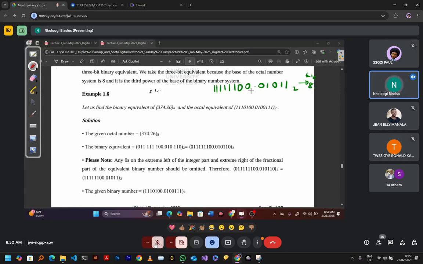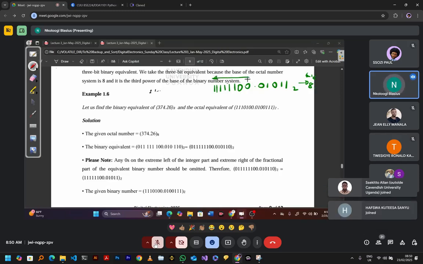So for the fraction part, you group as you're moving from the MSB to the LSB. For the integer part, you move from LSB to MSB, which means you're moving from this side going the other side, because LSB is here and MSB is here.